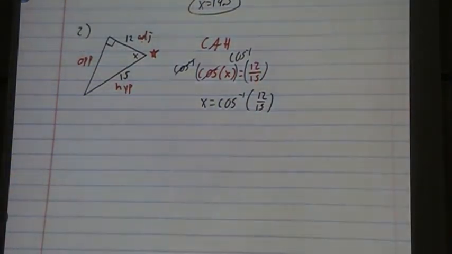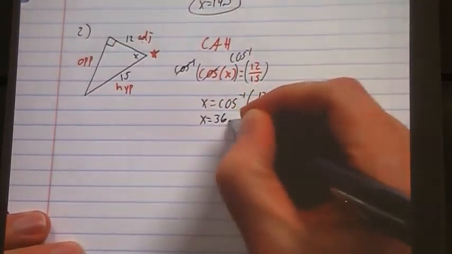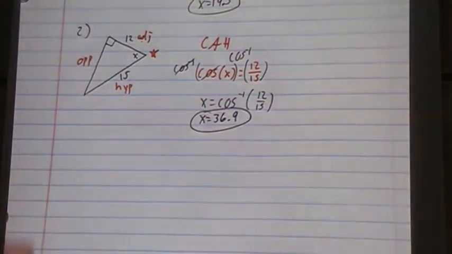And again, you really can't use these without a calculator. You cannot use these without a calculator. You could use a cell phone calculator, but I highly recommend just getting a scientific one so you can get used to using it. And I'm getting 36.9. Boom, baby.